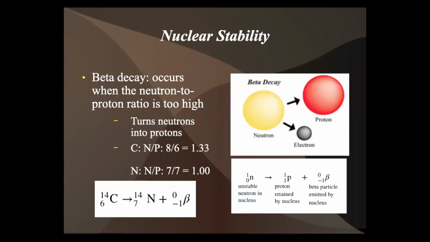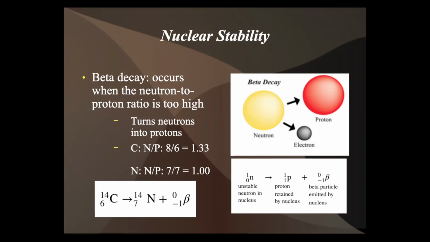We already talked about that, so let's skip that. On this slide, just write down what beta decay does. This occurs when the neutron to proton ratio is too high, just the reverse of alpha. So we can see that you start with carbon right here. It goes to nitrogen.